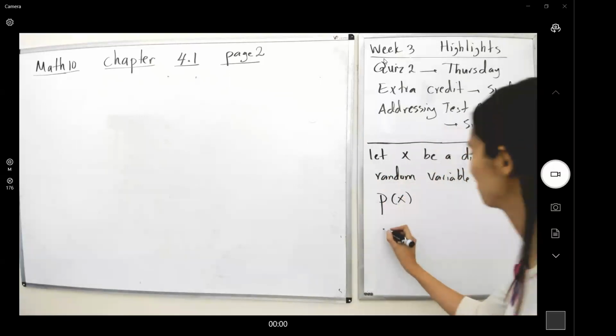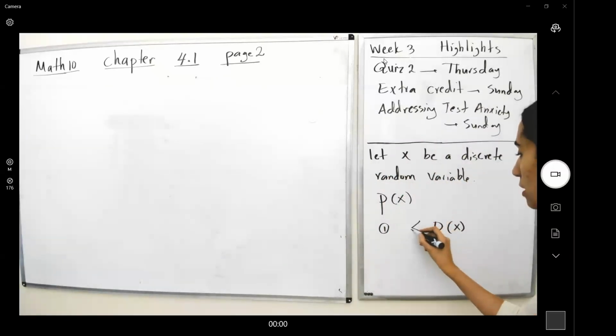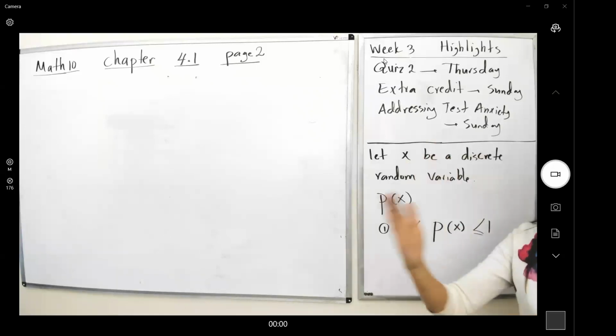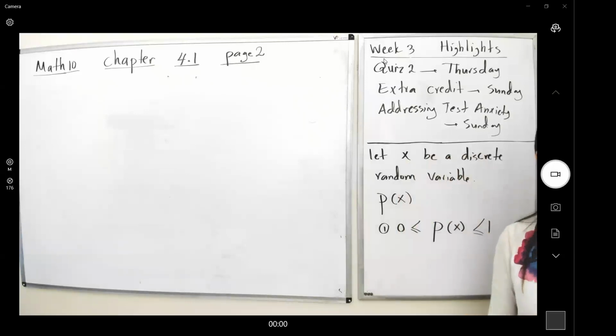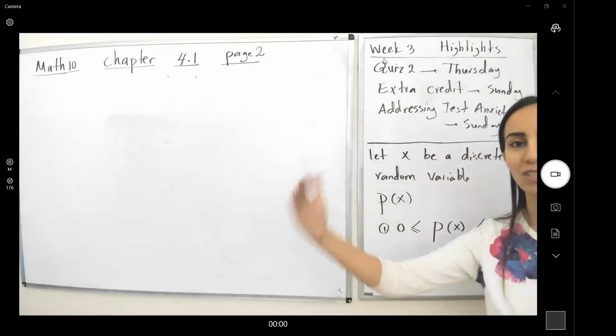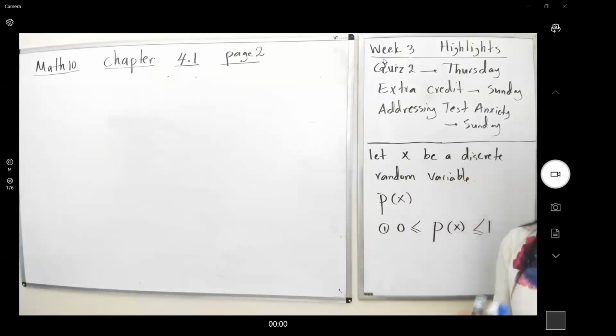First of all, the probability of random variable X is a number between 0 and 1 inclusive. Second of all, remember that if X is a discrete random variable, it means that it is countable. It takes on countable values. So if you find the probability for each of those counts and add them all together, it must be equal to 1, 100%.